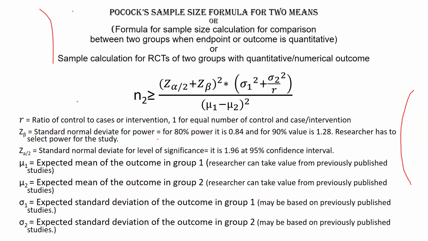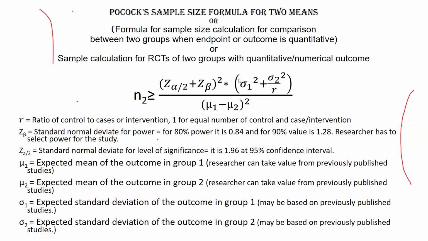Sometimes what happens, please listen carefully, in some formulas, researchers take sigma 1 equal to sigma 2. So when we put sigma 1 equal to sigma 2, it is just sigma. So here sigma square plus sigma square will be 2 sigma square.